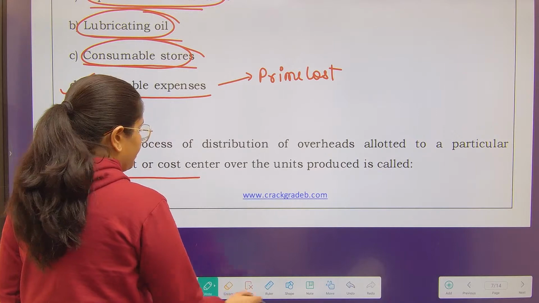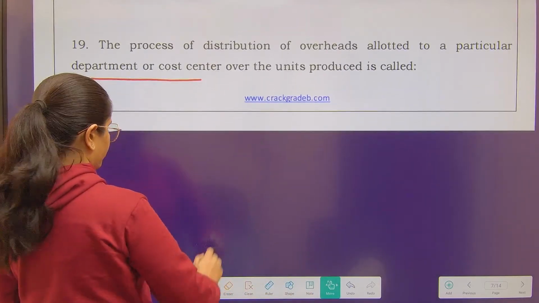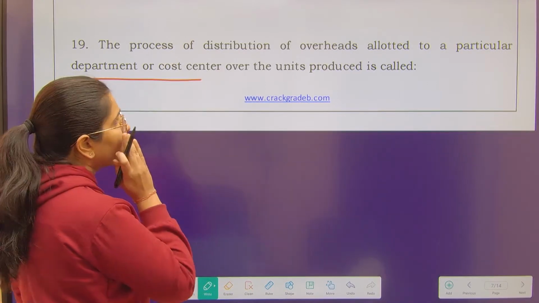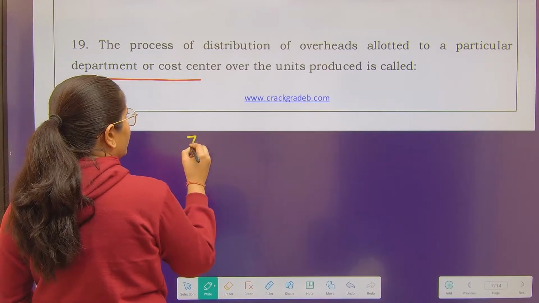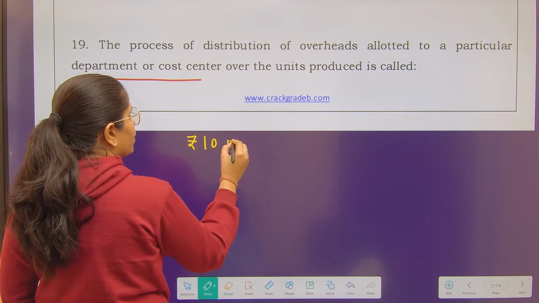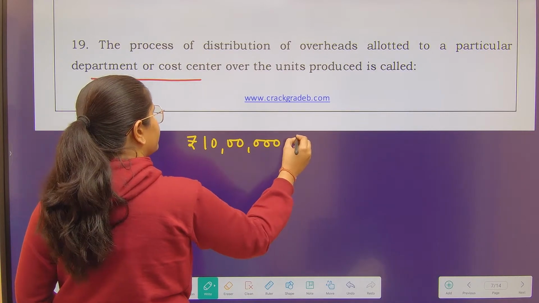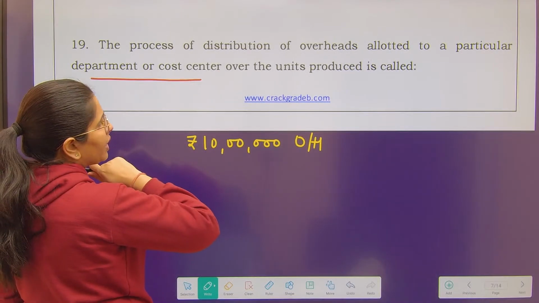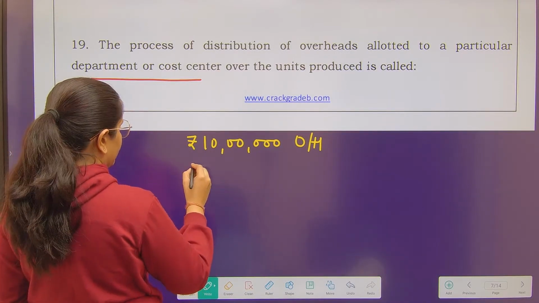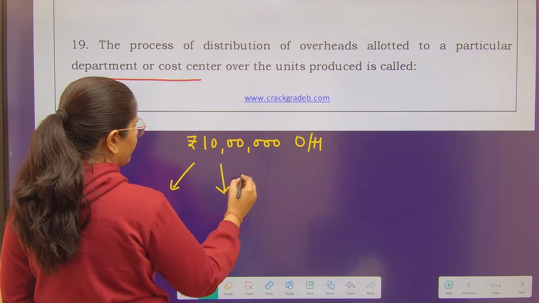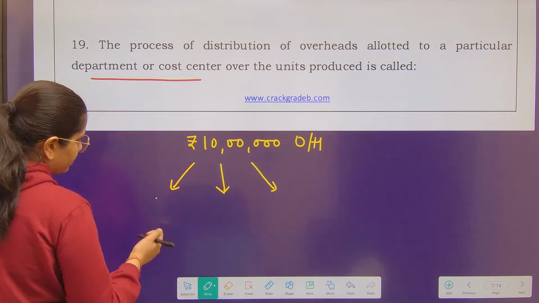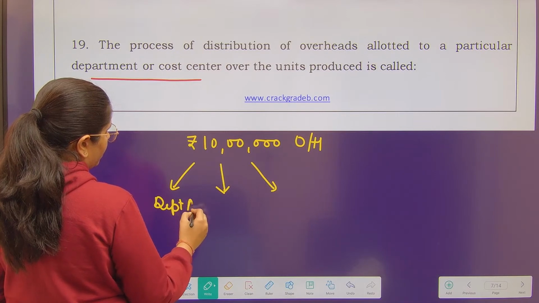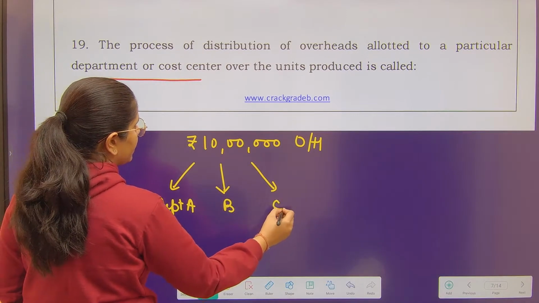See, what you are doing over here is, suppose 10 lakh rupees was the overhead that was incurred. Now you have already distributed or allocated to the particular department. Suppose you are having 3 departments, A, B, C. Right?